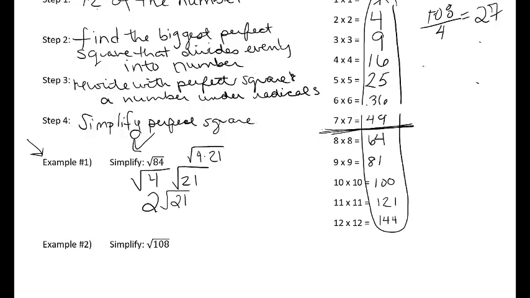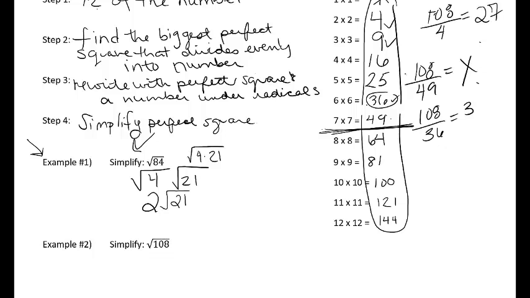So one student once said, well, why don't we start with 49 and see if 49 works, which it doesn't. And then get to 36. And lo and behold, it does work. So then they didn't have to figure out that 4 works, 9 works, and 36 works for 108. And the goal is to find the biggest perfect square that divides evenly in. So 36 is the number we want to focus on.